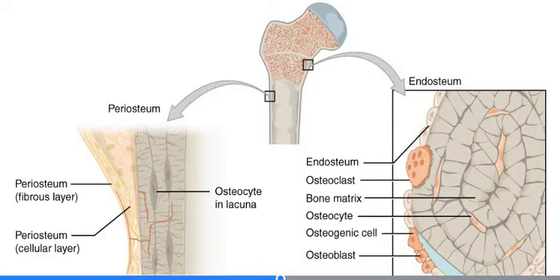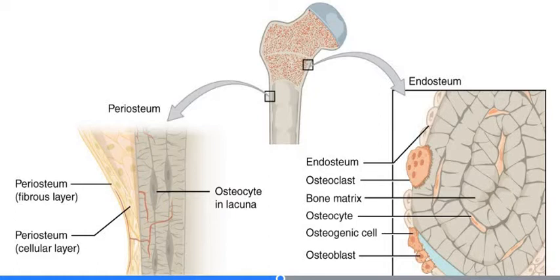We call that layer of cells the endosteum. And then on the outer surface of this bone, there's a layer of tissue called the periosteum, which is partly osteoblasts and osteogenic cells, but also there's a fibrous layer, dense irregular connective tissue, that surrounds the entire bone.